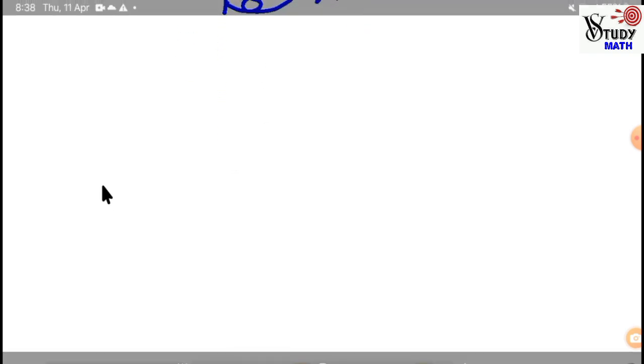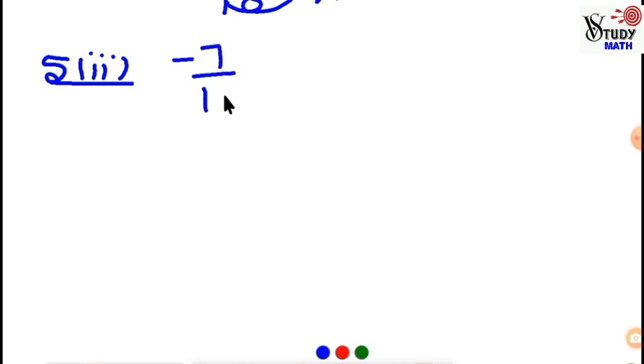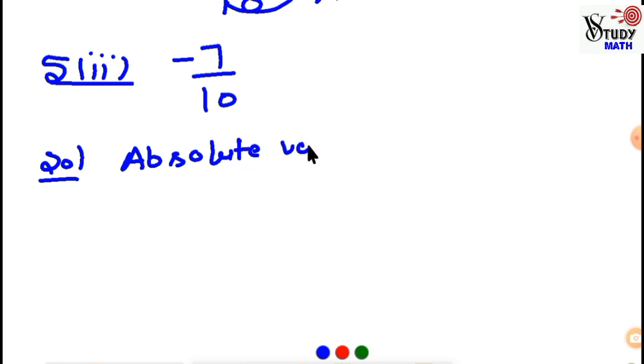Second question we have. Now the second question is negative 7 by 10. Now we have to find the absolute value of negative 7 by 10.